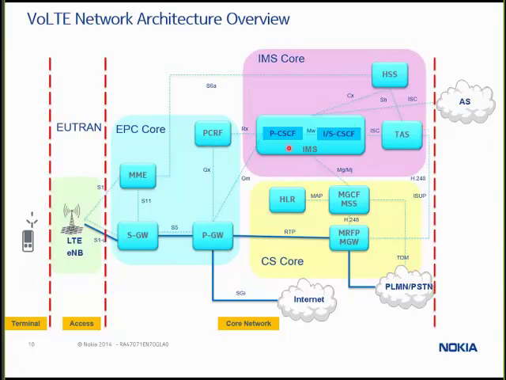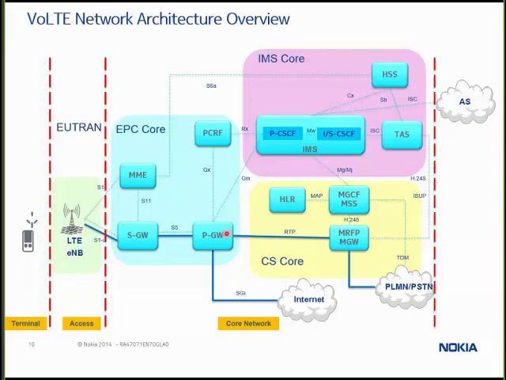Now that means we have something called the IMS core. That IMS core is going to provide the signaling for establishing a voice call. We use a protocol there called Session Initiation Protocol, or SIP. That's going over this link called Gm.